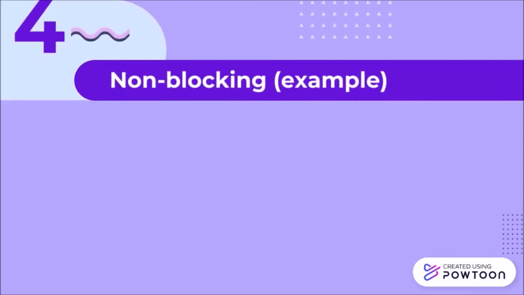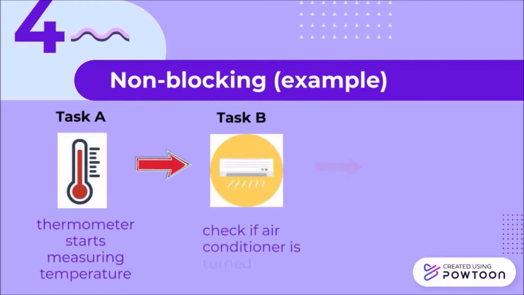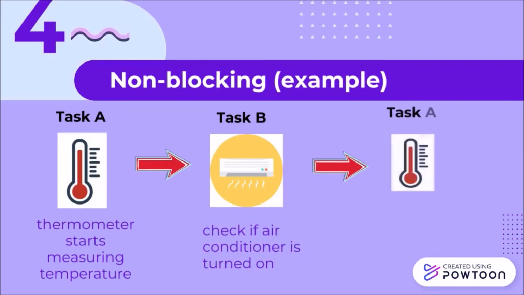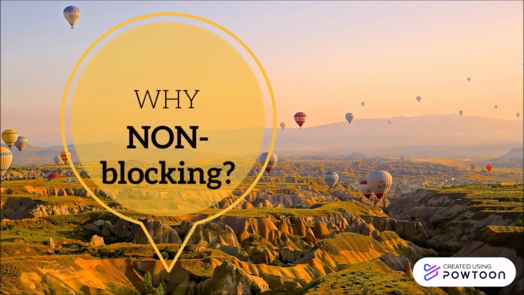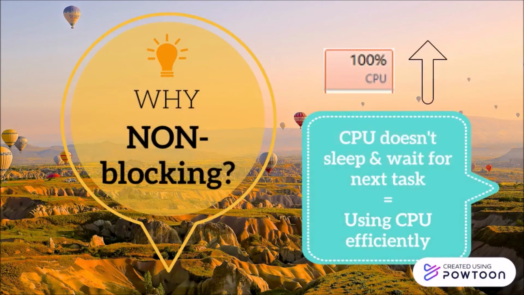For example, the device works on task A, the thermometer starts measuring temperature, then task B, check if the air conditioner is turned on, then back to task A, read the result from the thermometer. Why non-blocking? This is to maximize CPU usage. If the CPU doesn't sleep and wait for the next task, we can say that we are using the CPU efficiently.